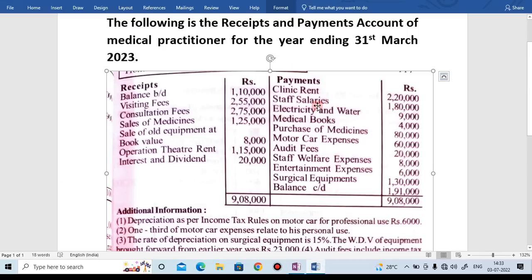Next is staff salary 1,80,000. Now staff salary is related to the medical profession. Why?